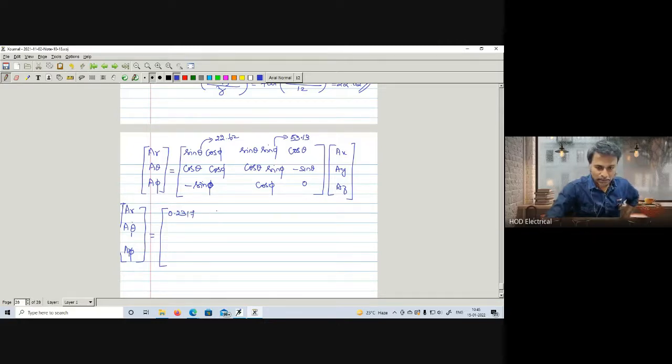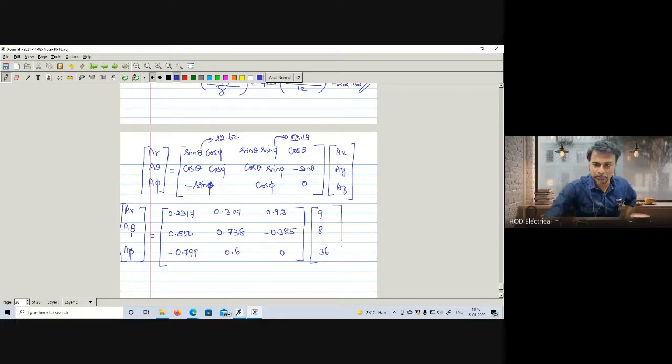0.2317 and 0.307 and 0.92, then 0.554, then 0.738, then minus 0.385, then minus 0.799, then 0.6, then 0, multiplied by 9, 8 and 36.